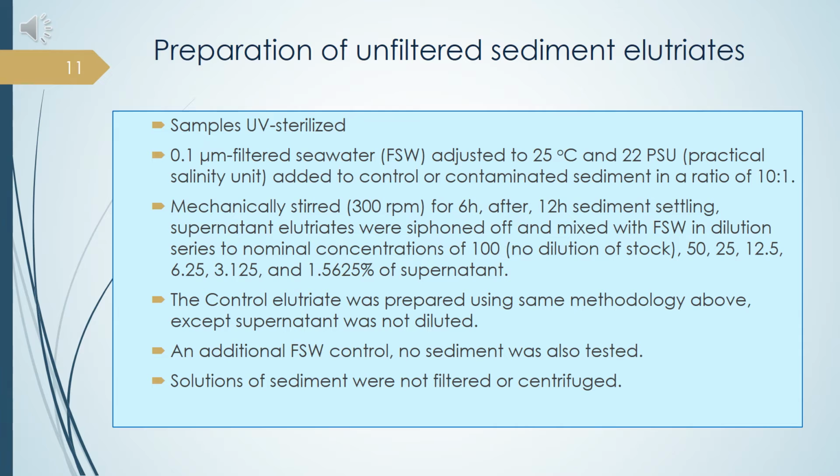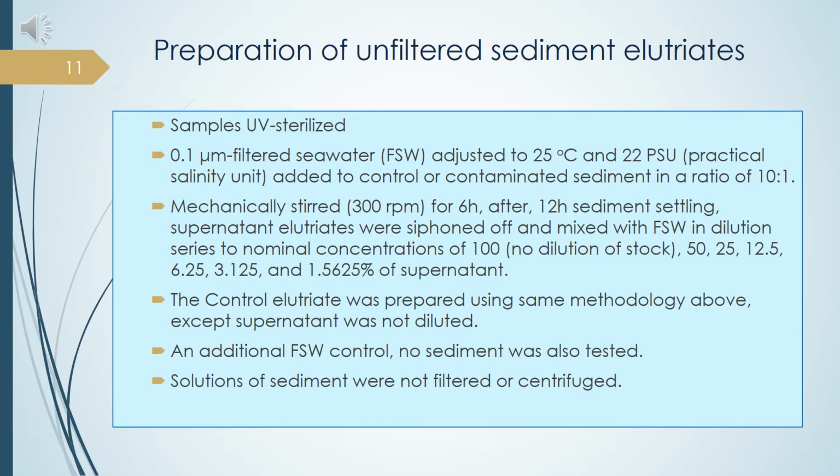So for the preparation of the unfiltered sediment elutriates, the samples were UV sterilized in glass beakers. Then you had 0.1 micrometer filtered seawater, or FSW, adjusted to 25 degrees Celsius and 22 PSU, or practical salinity units, which is a unit based on the property of the seawater conductivity, equivalent to per thousand.